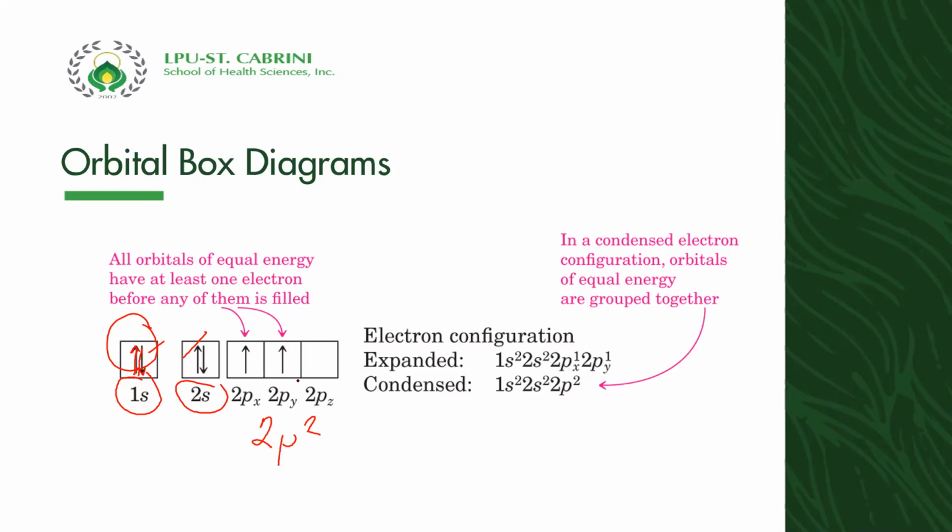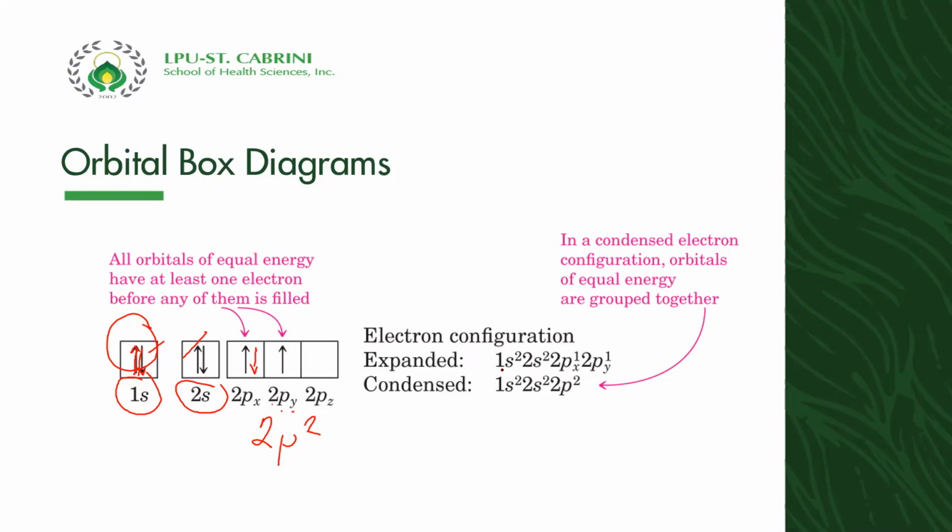So instead of having here another arrow which represents the electron, let's give the electron first to the sub p, which is the 2py. So how about the 2pz? We only have 2, 4, 6 electrons. And how are we going to put it? Leave it blank. Okay?